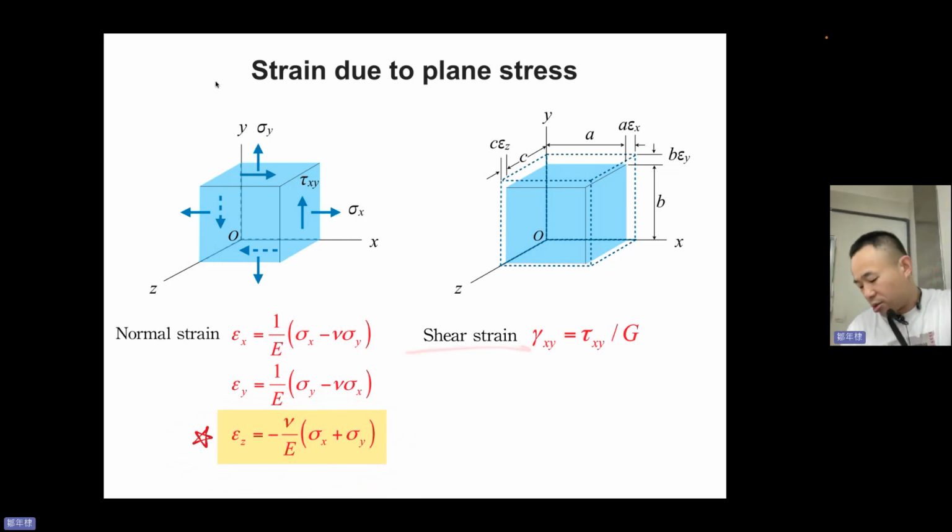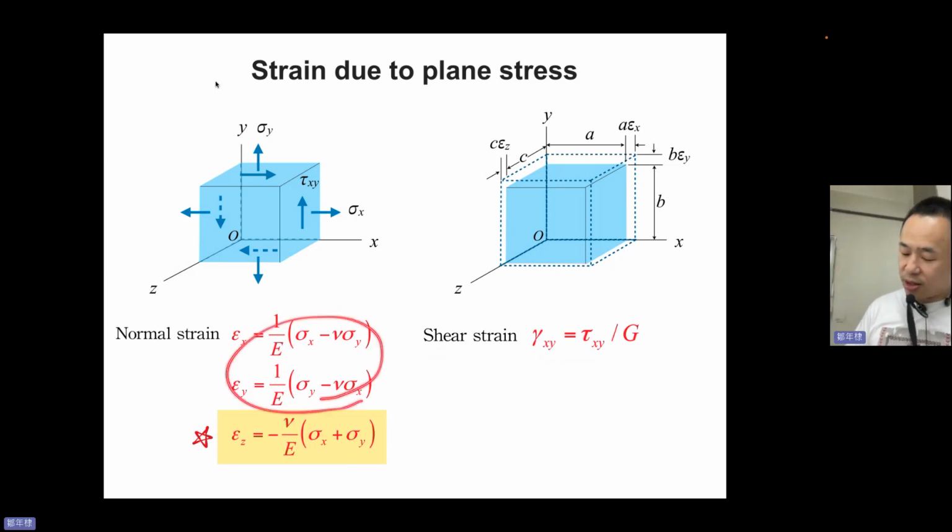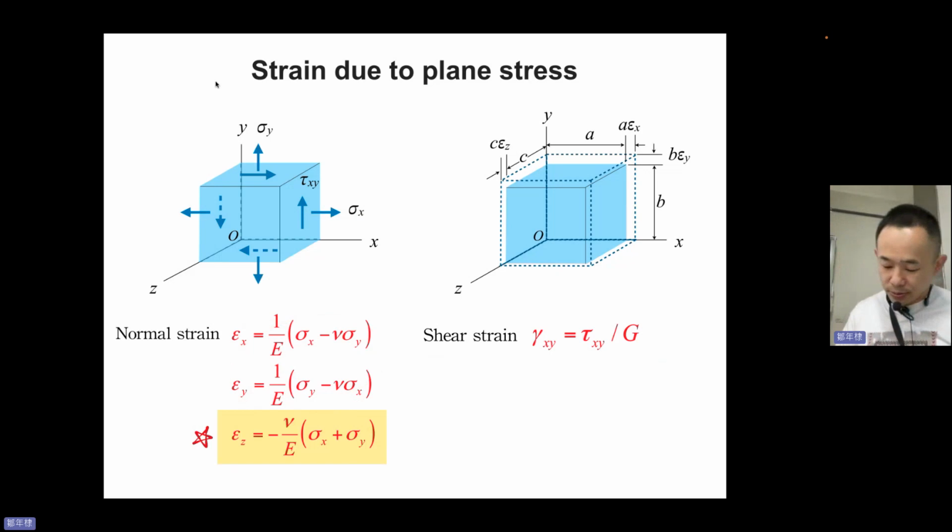Then shear strain, very easy, gamma xy equals tau xy divided by G. That's it. So this is easy, and this is relatively difficult, and this is important. Sometimes we easily make mistakes here. Then we can think epsilon x, epsilon y, epsilon z.